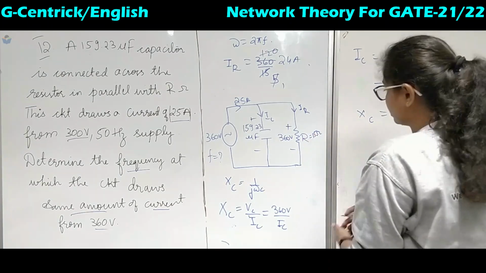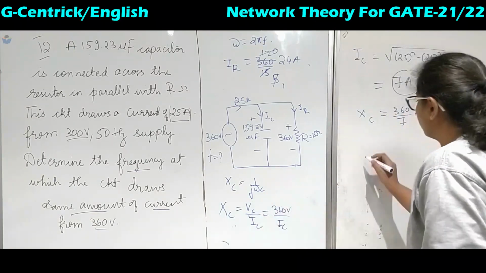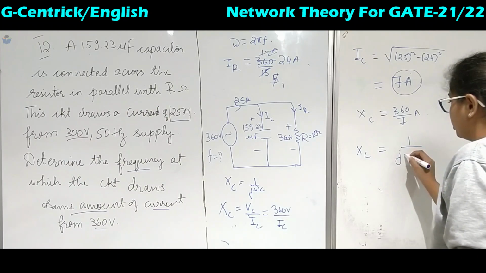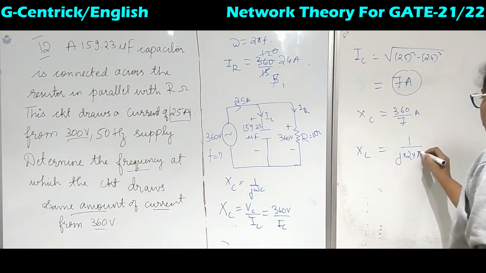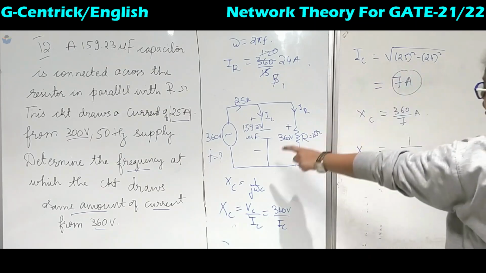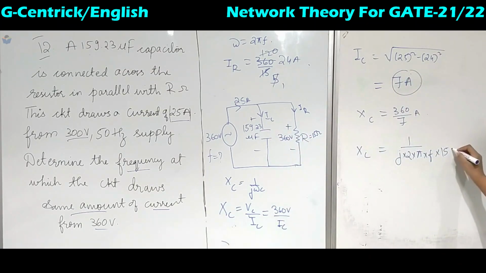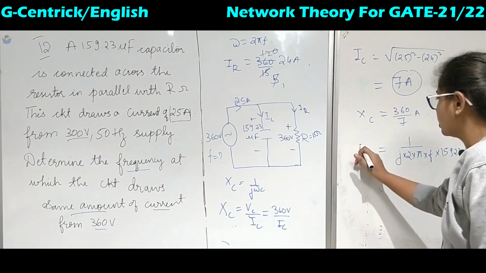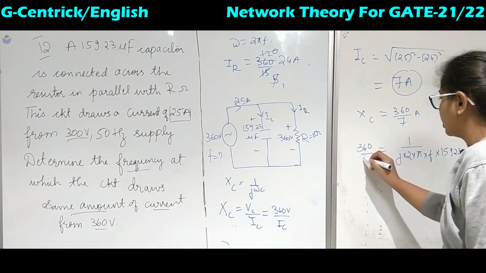When we know XC, we can put it in this formula. XC will be equal to 1 upon j into 2 into pi into f. We know the value of C, that is 159.23 into 10 to the power minus 6, microfarad. We know the value of XC also, 360 divided by 7.